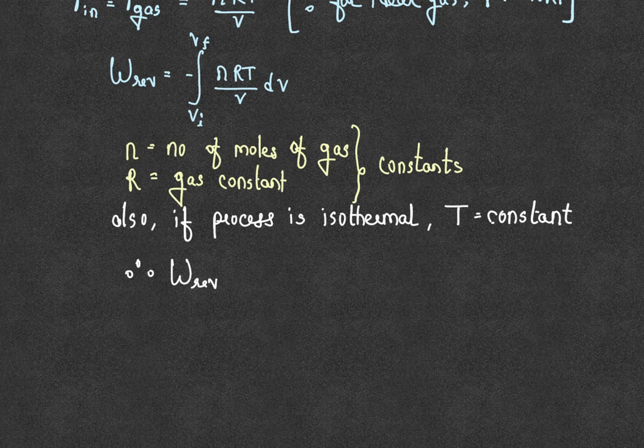W reversible is equal to minus nRT, integral from VI to VF of 1 upon V dV. What is the integration of 1 upon V dV?